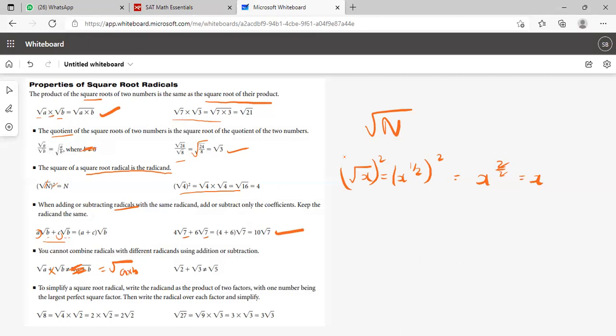When we are adding two radicals, you can never ever simply say that under root a plus under root b is under root a plus b. No, it is not the case. Under root 2 plus under root 3 is not under root 5. This is what we used to do in multiplication and division. Things are different in case of addition and subtraction.